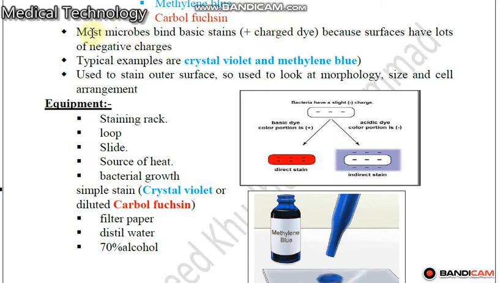Microbes bind with the basic stains, which have a positive charge dye, because the surfaces of the bacteria have lots of negative charge.